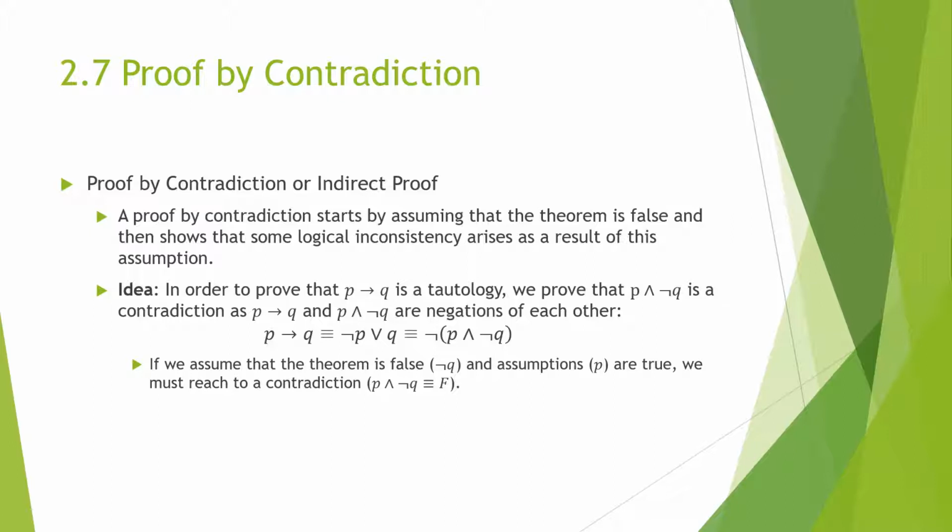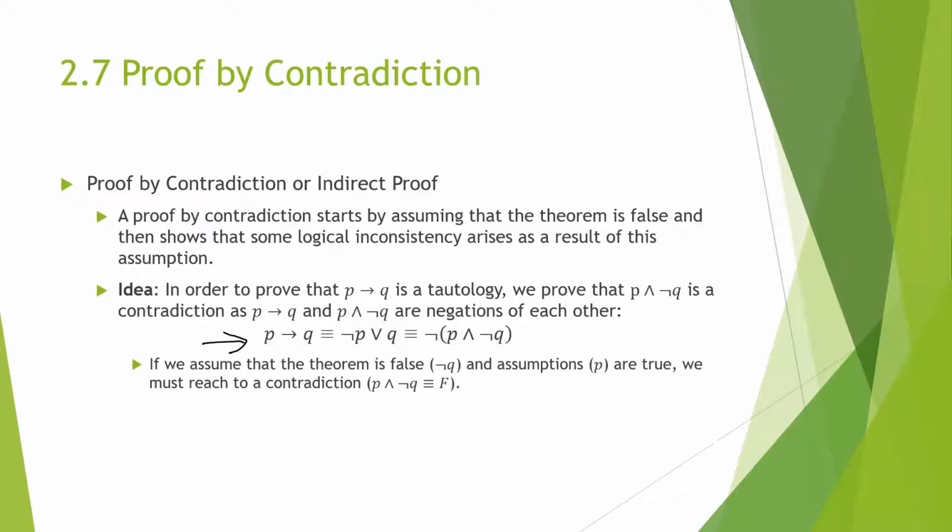So here is the idea. In order to prove that if P then Q is a tautology, we prove that P and not Q is a contradiction. Why? Because if P then Q and P and not Q are negations of each other. Here is the reason.